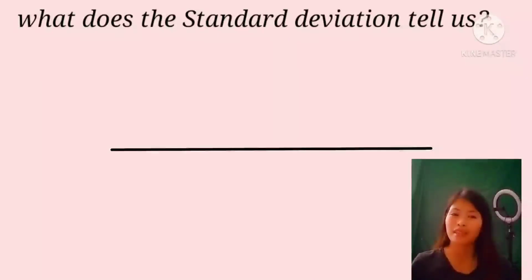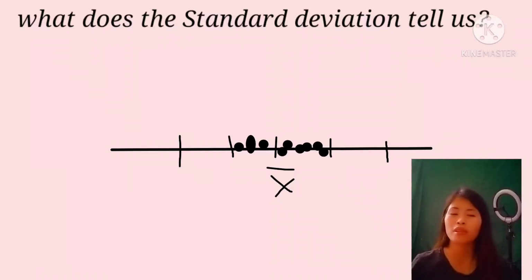So what does the standard deviation even tell us? It tells us how close the values in a data set are to the mean. If we have a low standard deviation, it indicates that the values tend to be closer to the mean. A small standard deviation indicates a small amount of variability in a given data set.